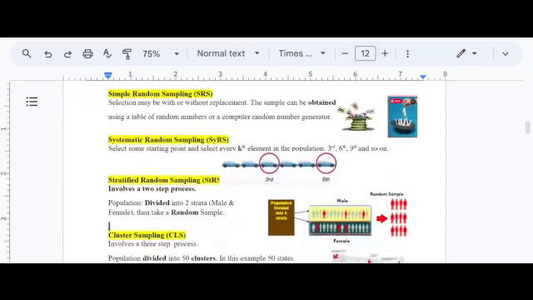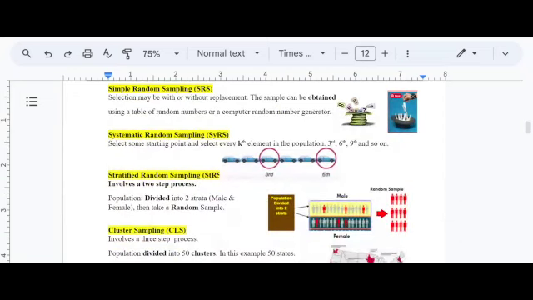Now the second type is called systematic. Let's say, for example, when I was in Canada, I was passing by the security in the airport. He came to me and said, "Can you please come here?" I said, "Okay."